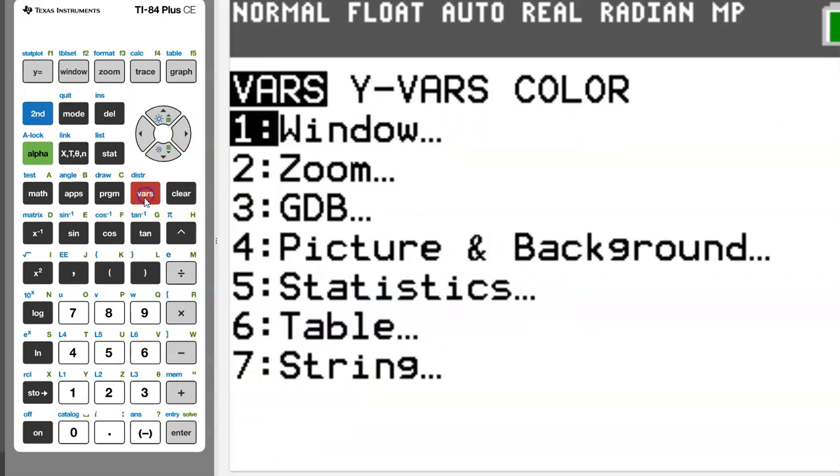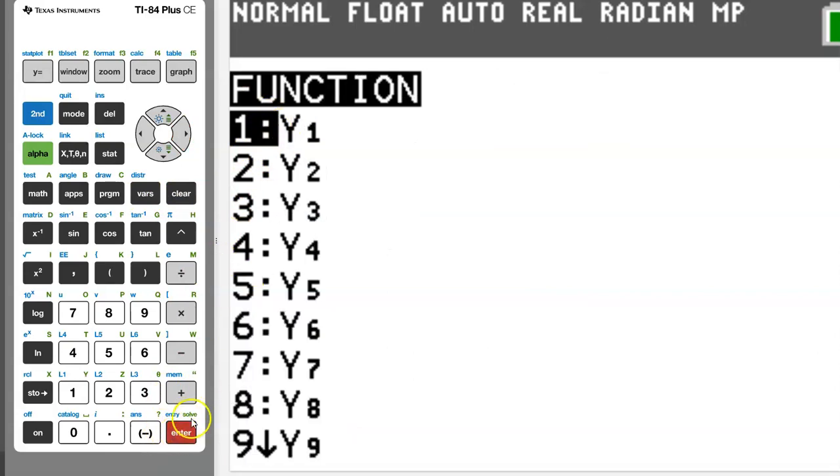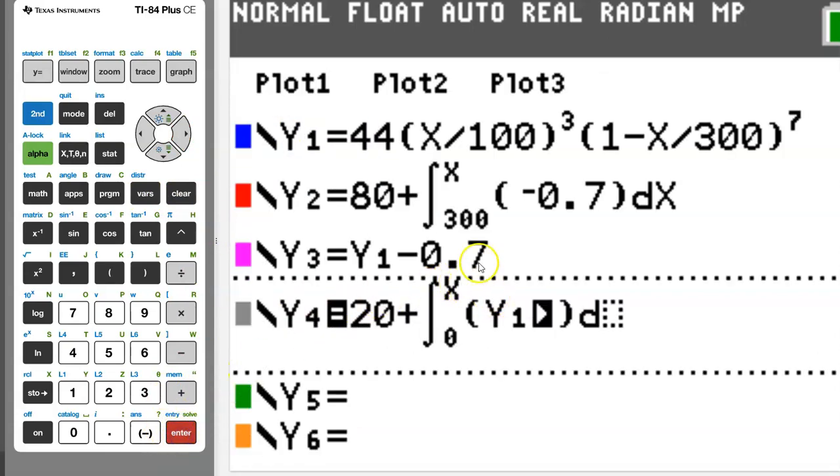So once again, I'm going to hit vars, go over to yvars, choose option number 1, and choose y1. All right, so that is r of t, and then we need minus 0.7. And we'll just do dx again. It doesn't matter. So this is our function.